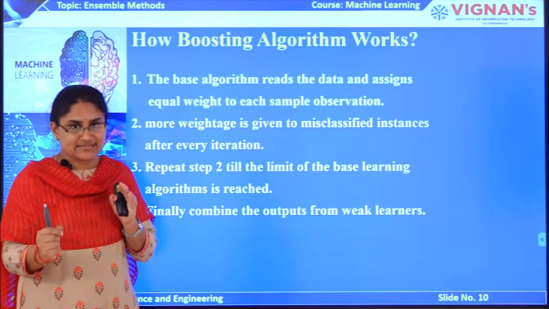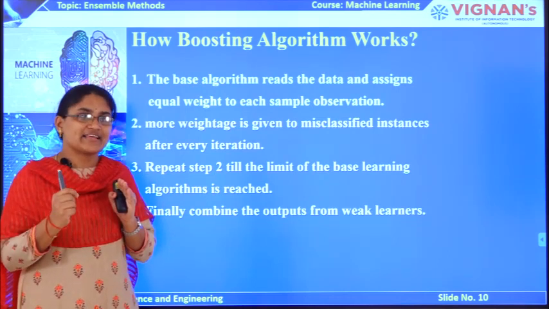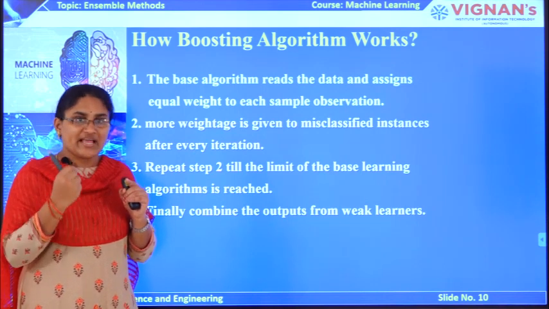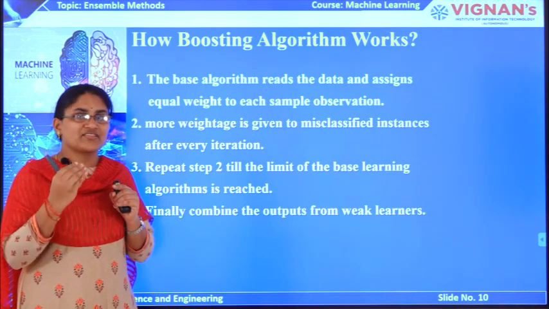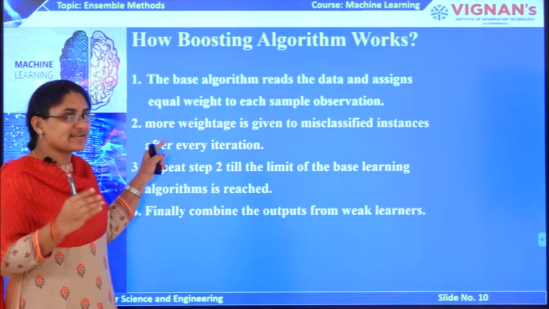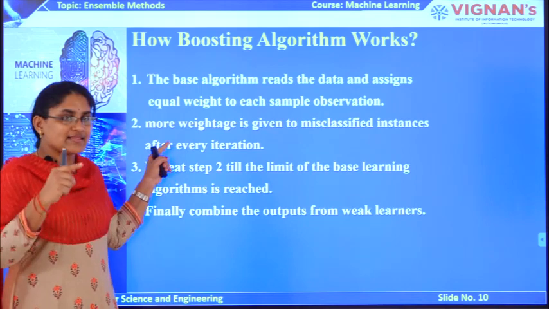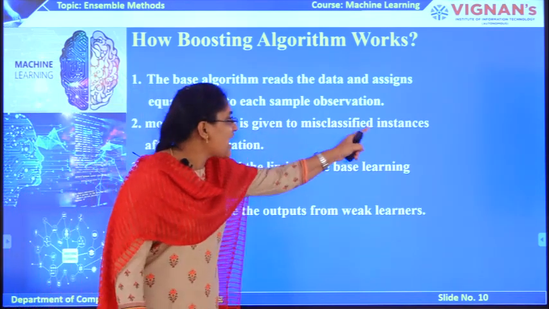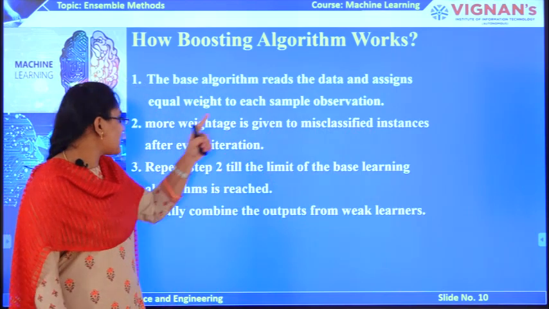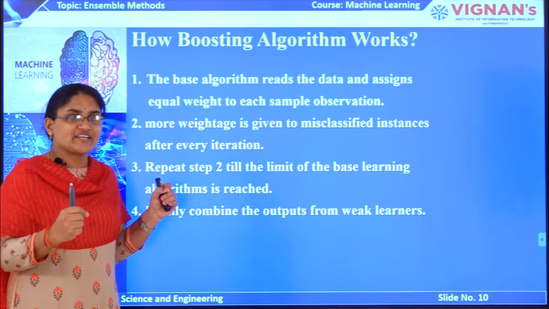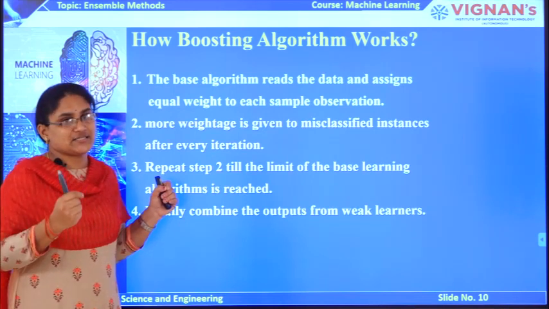After assigning the equal weights, we apply our first base classifier. After applying it, we have to analyze its result. In that analysis, if I find any misclassified observations or instances, then we have to give more priority to those misclassified instances.